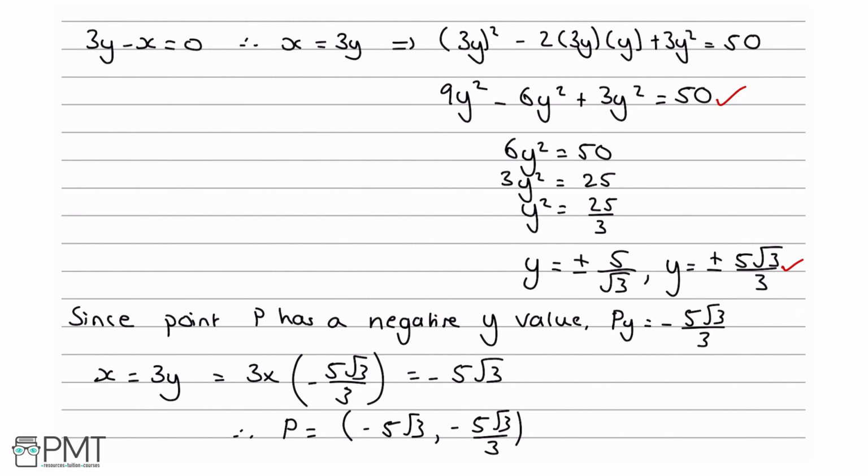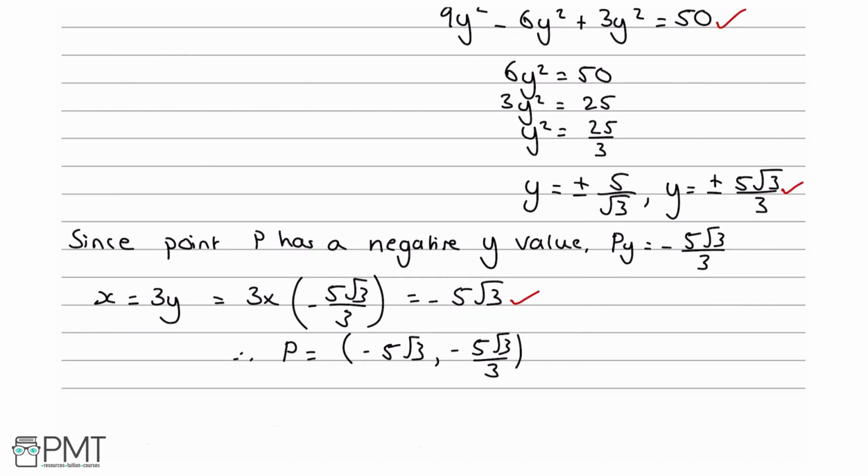So if you worked out x, the fourth mark comes from finding y, and if you worked out y, your fourth mark comes from finding x. We've worked out x here, so we get that mark, and then your fifth mark comes from giving your final point in the correct form, so both of them have negatives.